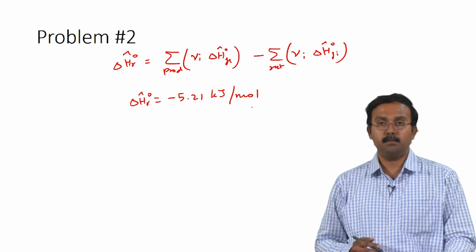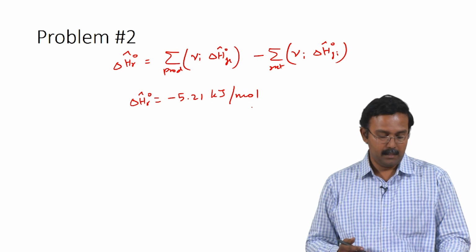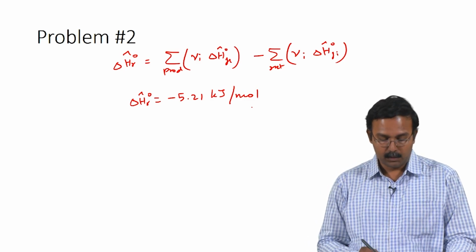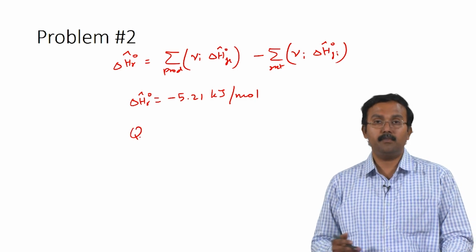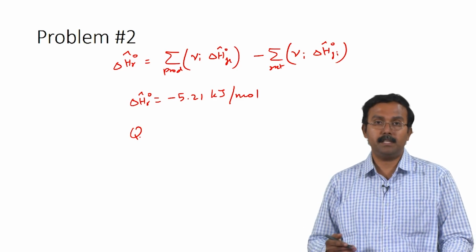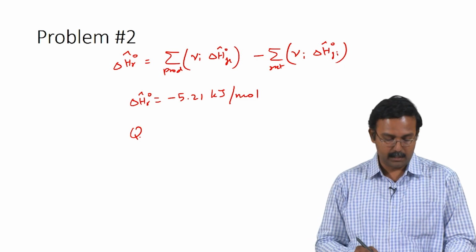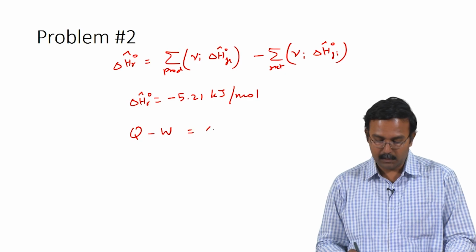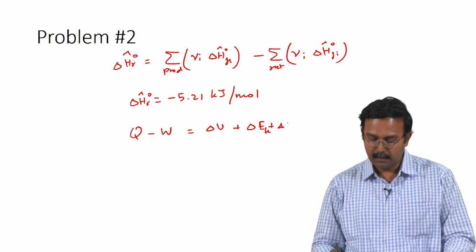Now the last part is to calculate the amount of heat that needs to be transferred to the reactor for the process to happen. This is a closed system, so here the only effect is the heat of reaction, and because it is isothermal, there is no effect on temperature. So, you will be able to use the internal energy of the reaction directly. The equation is Q minus W equals delta U plus delta Ek plus delta Ep.